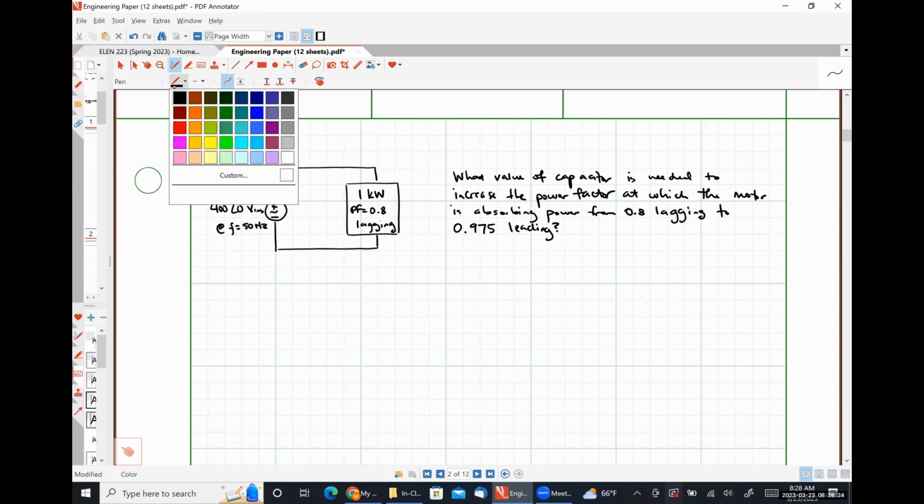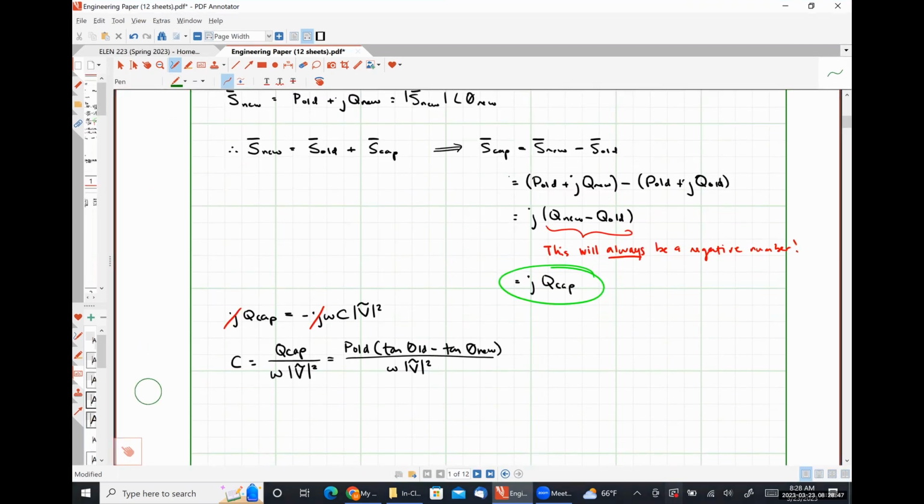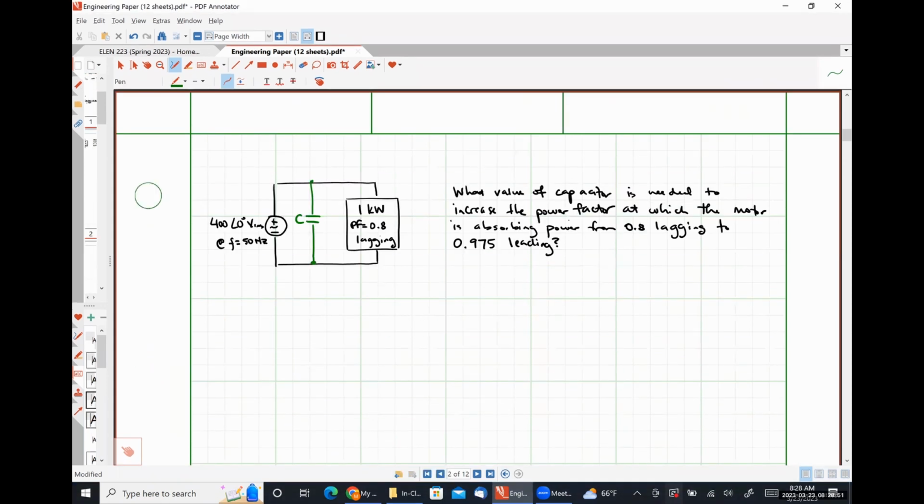All right. So effectively, what's happening is we have a load that's drawing some amount of complex power. We want to figure out what value capacitor makes it draw less complex power so that it operates more efficiently. Okay. So if we look at our equation here, let me just write it down here.